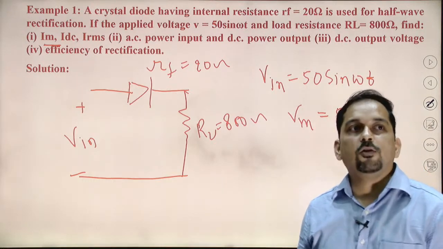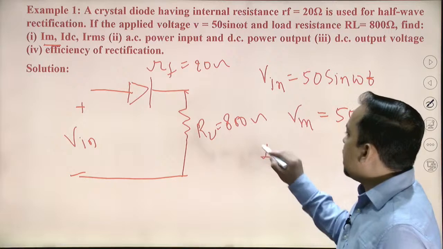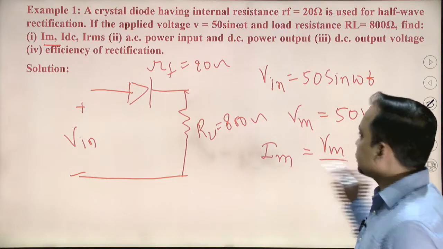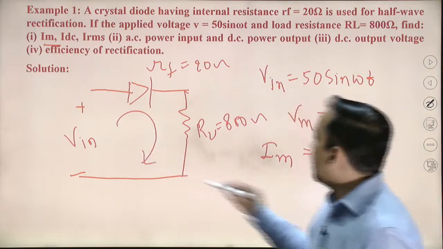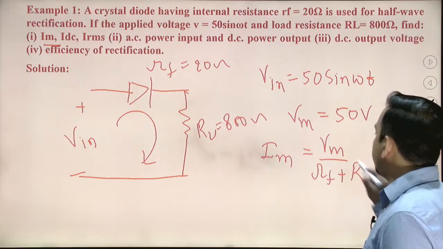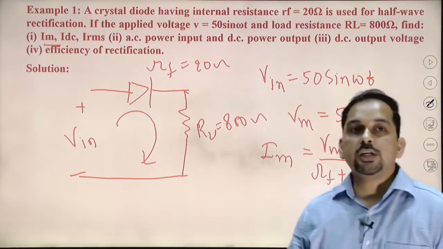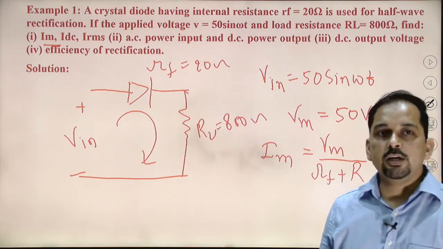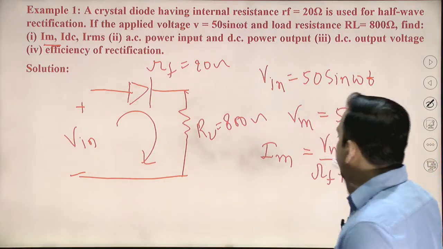What is the maximum value of current? Im will be Vm divided by RF plus RL, because only when the diode is on will we be able to calculate the maximum value of current, and it is nothing but Vm by RF plus RL.